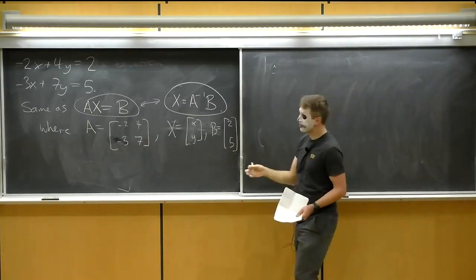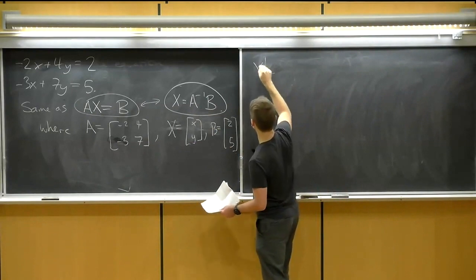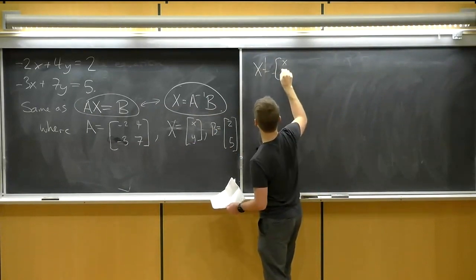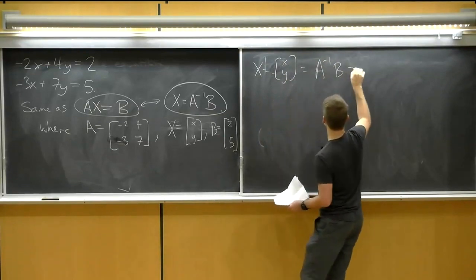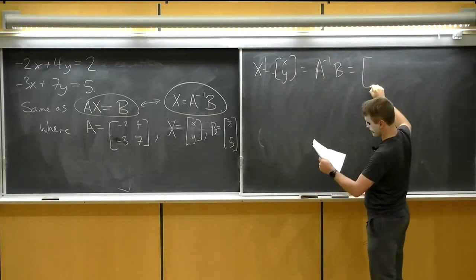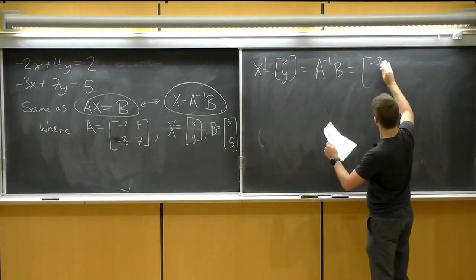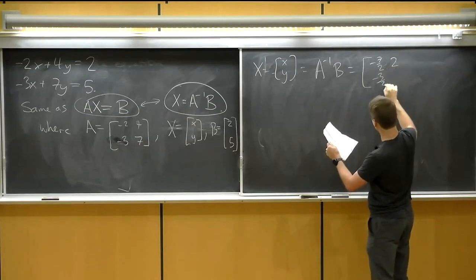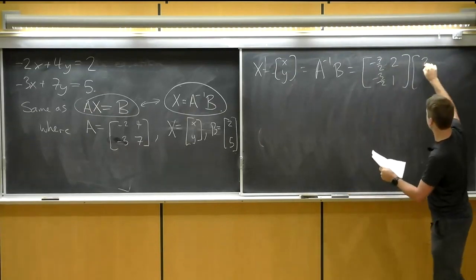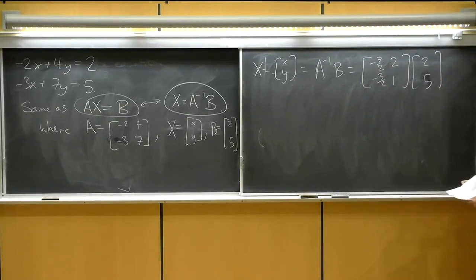Since I already know what the inverse is, I can just write x, which is this x y thing, equals A inverse b, which is -7/2, 2, -3/2, 1 times 2, 5, right?